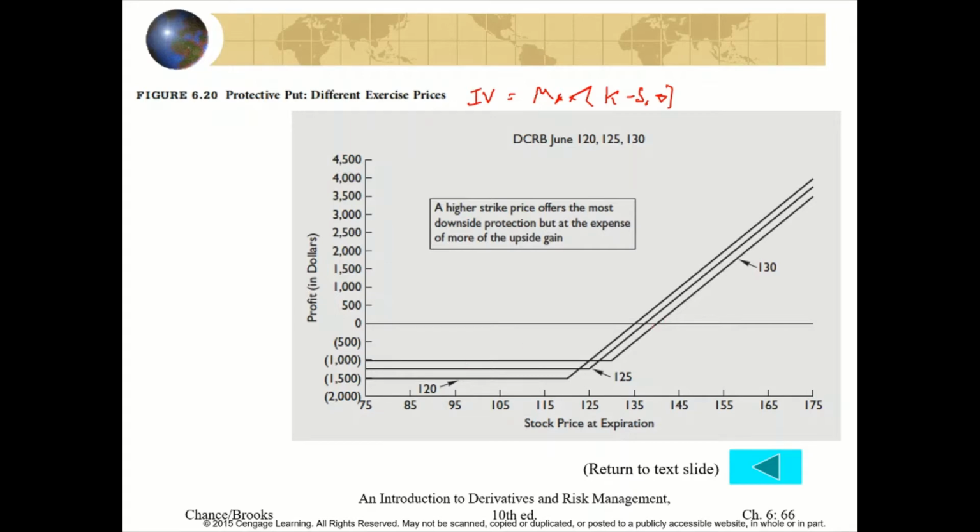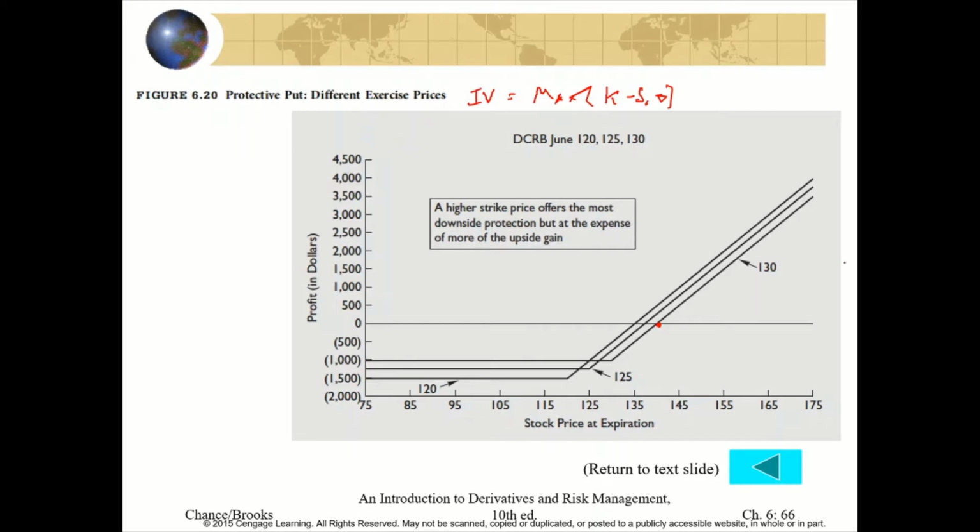Why? Because I'm able to sell the stock for a higher strike price. However, if the price of the stock goes up, I'm always going to achieve the lowest profit because I paid the highest premium for this option. So an option with a strike price of 130, we will pay the highest premium, which means the break-even point will be the highest among the other options. So we can see the trade-off.